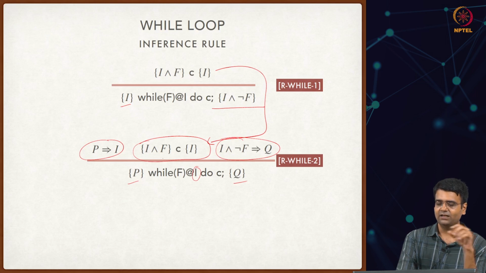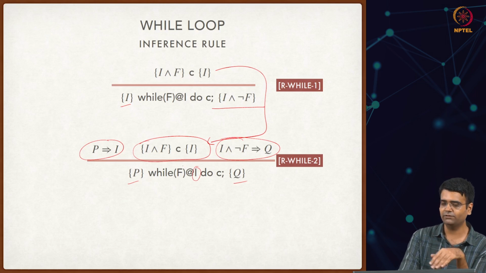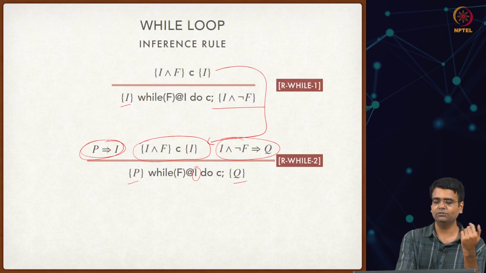This corresponds to the fact that at the beginning of the first iteration of the while loop, my set of states should be encoded by I. So I should encompass all states which are possible at the beginning of any iteration of the loop, and particularly at the beginning of the first iteration as well. So if P implies I holds, then indeed I will encompass the states which are possible at the beginning of the first iteration.